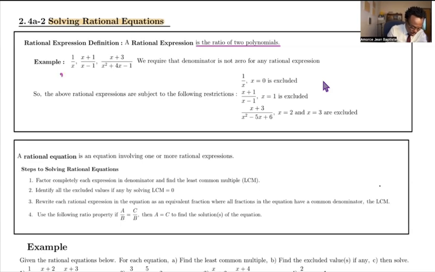For the first one here, you need x, the denominator, to be a non-zero expression. Same thing here, x minus 1 should be a non-zero expression. And here, x squared plus 4x minus 1 should be a non-zero expression, which means you need to exclude any value that makes the denominator equal 0.